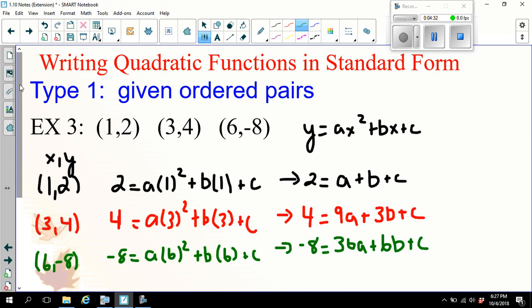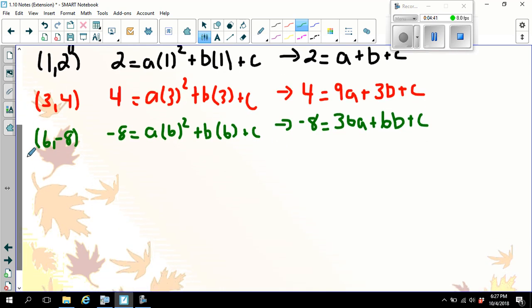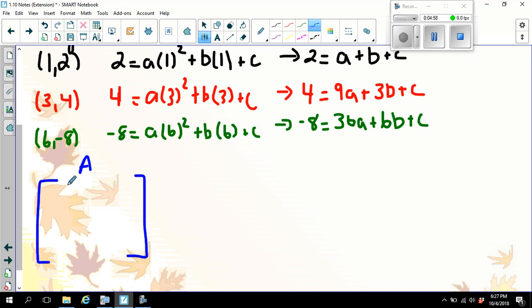So I'm going to scroll down. Make sure if I am going too fast that you pause and then write everything down that you can. Okay. So I'll scroll here since that gives us enough room. So remember, A matrix, that is our coefficients. So all the values in front of our variables. So on our first one, we have 1, 1, and 1 because all those values in front of our a, b, and c are just 1.